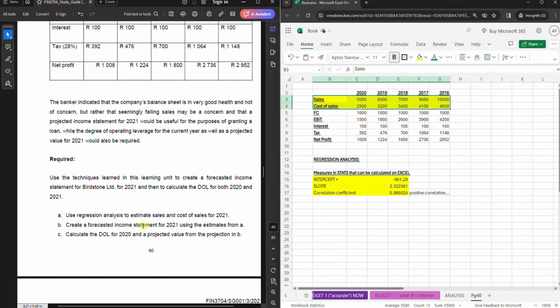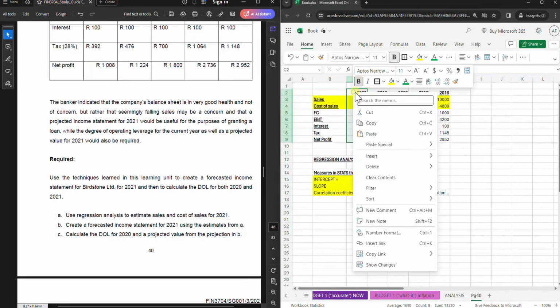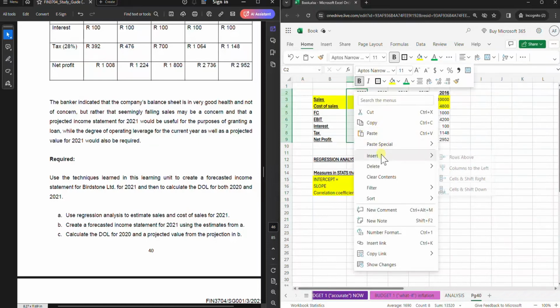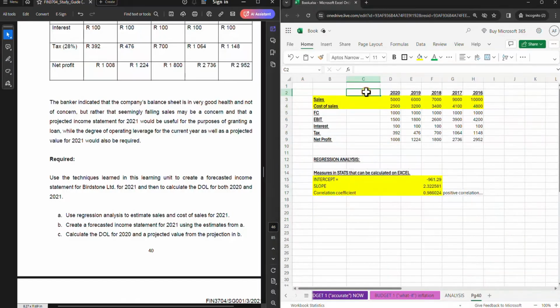Create a forecasted income statement for 2021 using estimates from A. Okay, interesting. All right, so 2021 is the next year. Do you agree? Yes. Okay, so they want us to forecast 2021.